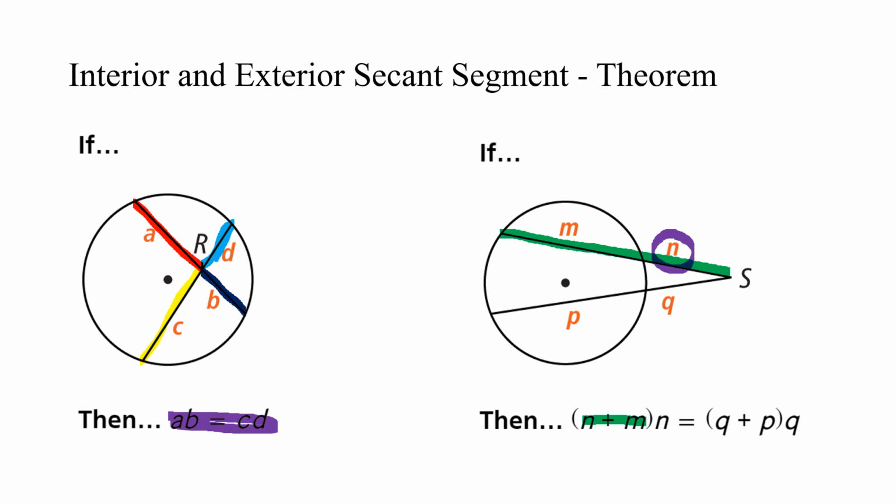Same thing at the bottom. First, I need to find out what P plus Q is, and then I'm going to multiply it by Q, as I have written over here. So Q plus P, and then I multiply that by Q.